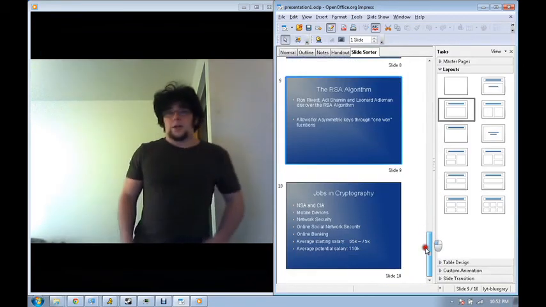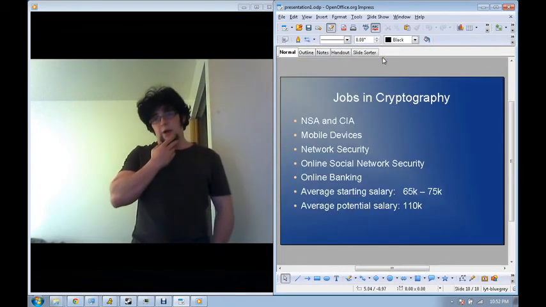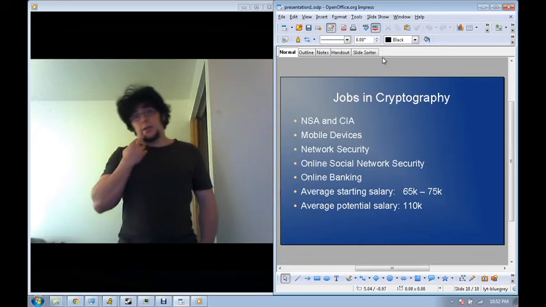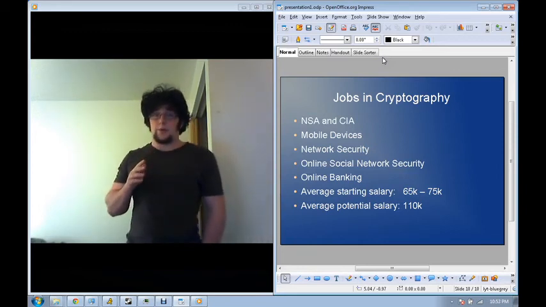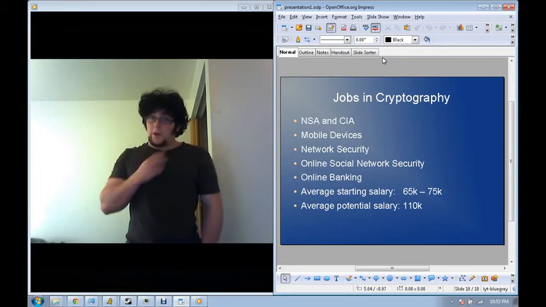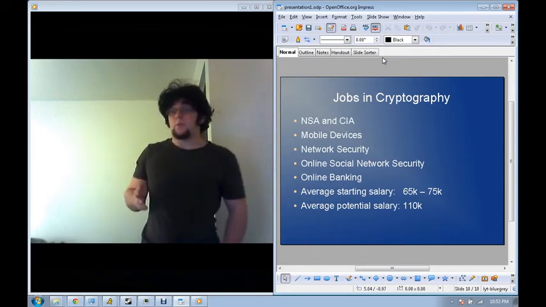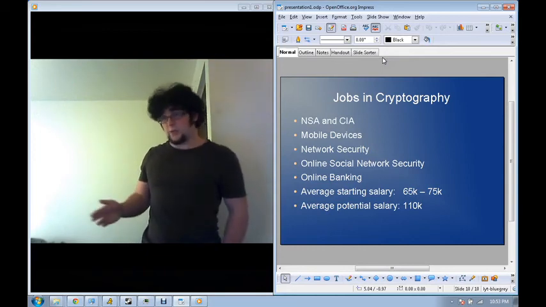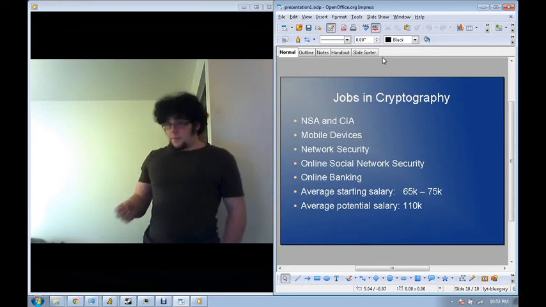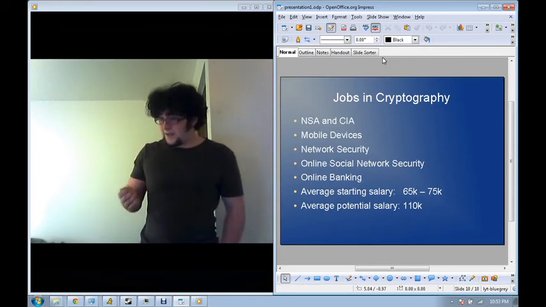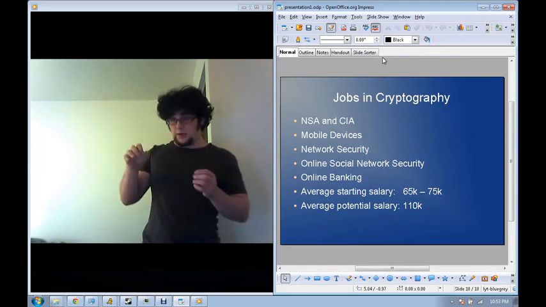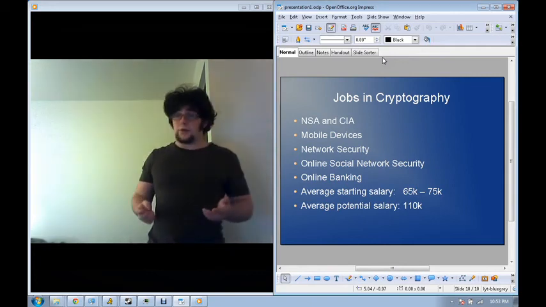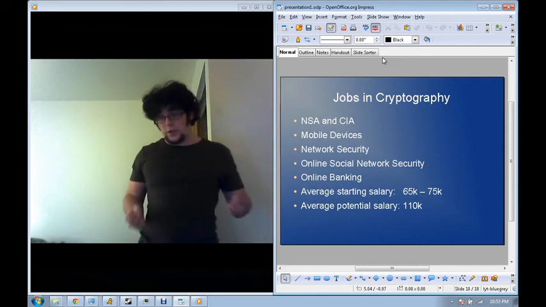Alright, so what kind of jobs are there in cryptography for the aspiring computer engineer? The National Security Agency and the Central Intelligence Agency both hire a huge number of cryptographers. And while it's true that these positions are also competed for with mathematicians and computer scientists, there is a fundamental need to eventually encrypt these algorithms within computer networks, which requires engineers who understand these networks to implement.